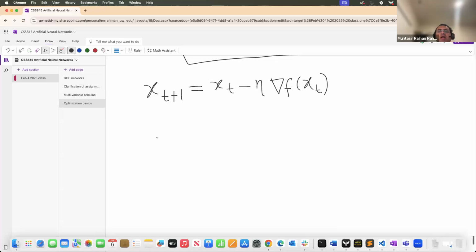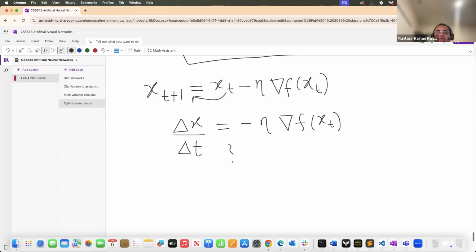Then I can take this to the other side, and this becomes a delta x. So delta x is minus eta times the gradient of f at x_t, divided by the step from t to t plus 1, which is 1, so you can think of this as delta t.